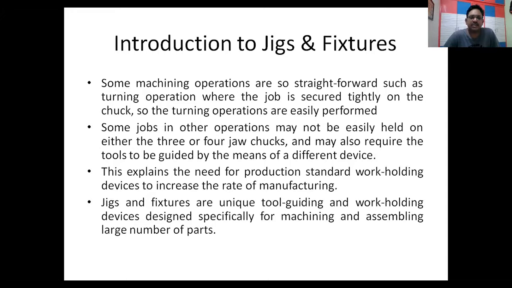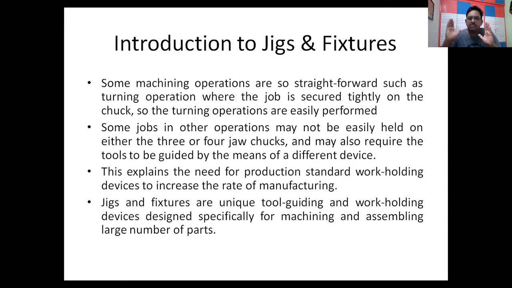So jigs and fixtures are unique tool guiding and work holding devices designed specially for machining and assembling large numbers of parts. Whatever we said so far, the work holding devices or tool guiding devices, we call jigs and fixtures.